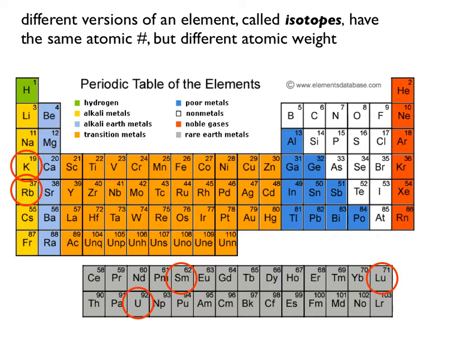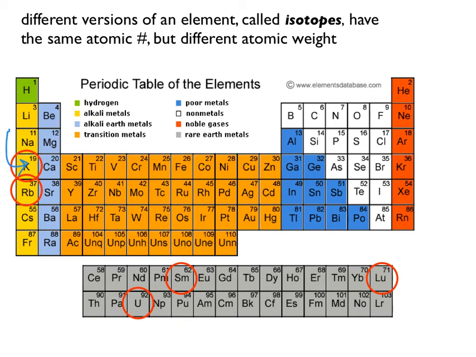So, for example, we'll use potassium as an example here. Potassium is a radioactive element. It has an atomic number of 19. That means that every single atom of potassium has 19 protons in its nucleus. However, the number of neutrons in its nucleus can vary. So you can have potassium atoms that have different atomic weight.